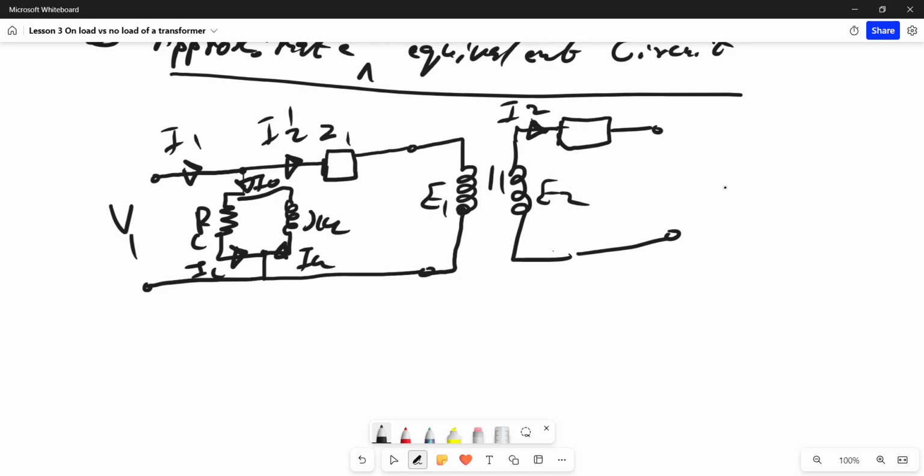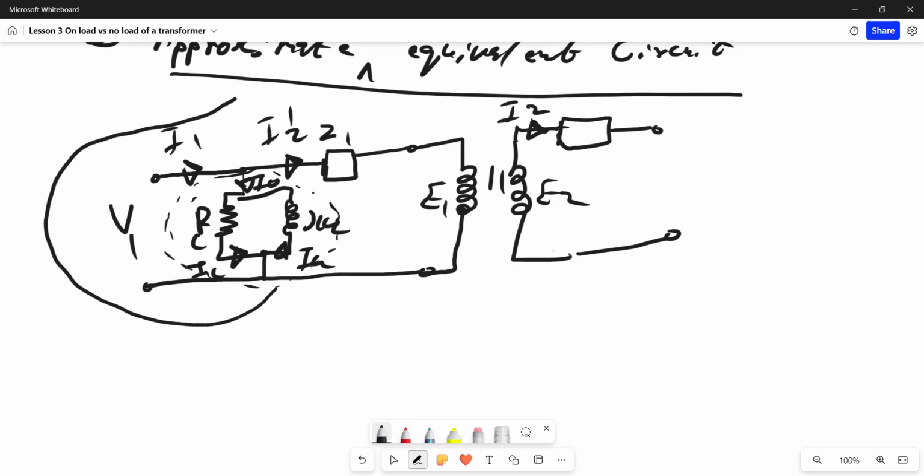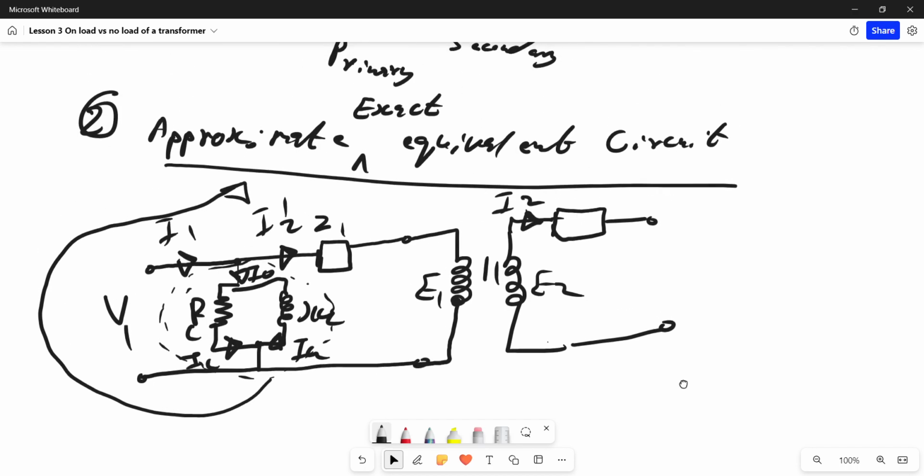Now you see that this magnetic circuit has been placed before Z1. Just by doing that, we call this circuit the approximate exact equivalent circuit. Like I said, there's an error in doing that, but the deviation is negligible.